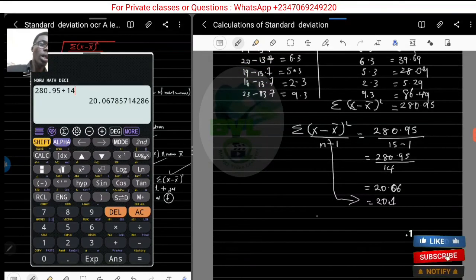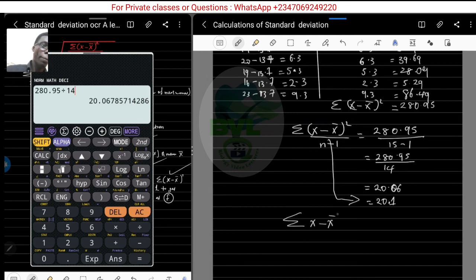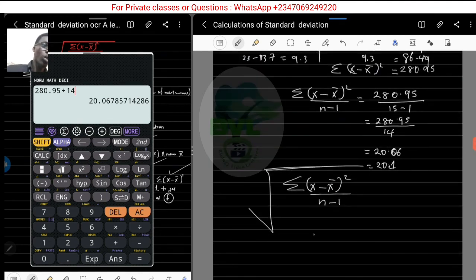Now we're meant to find the square root. It's going to be like this: the square root of the summation of x minus x bar squared over n minus 1. Sorry, that's rough. So what we have here is 20.1.